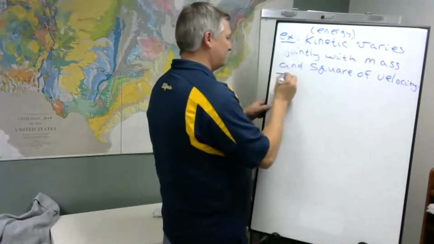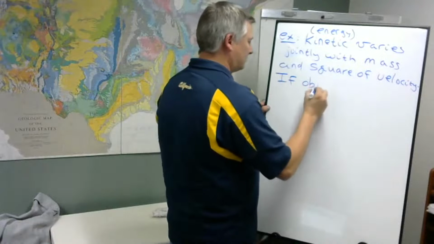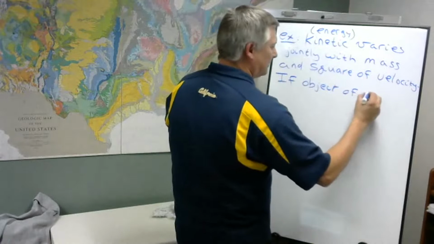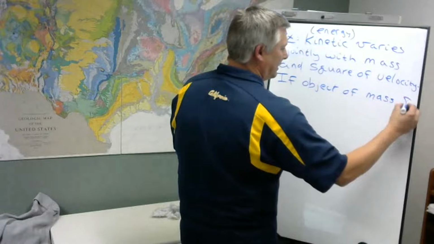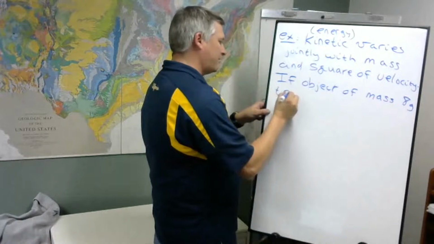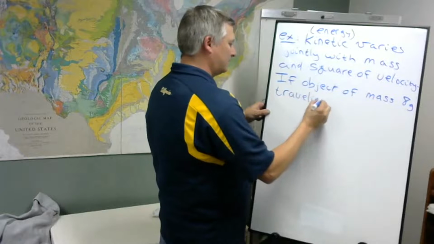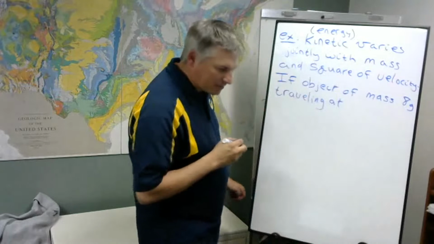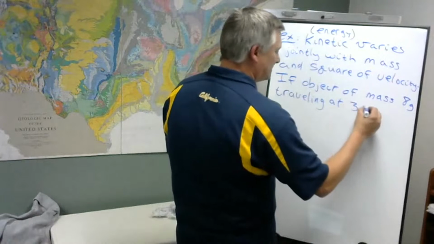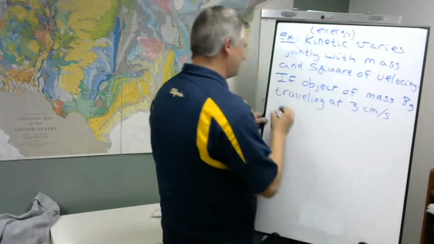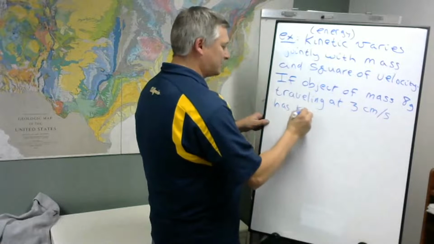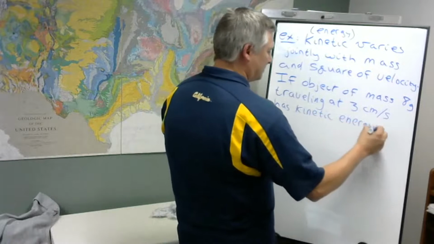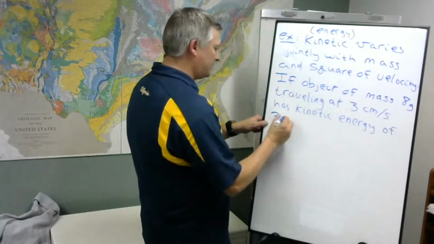So if an object of mass 8 grams traveling at 3 centimeters per second has kinetic energy of 36 ergs.